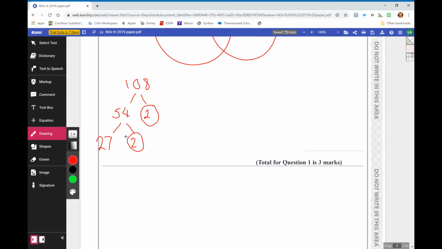And 27 is obviously an odd number. 3 times 9, circle another prime factor, 3 times 3. So now we have our product of prime factors for 108. It's 2 times 2 times 3 times 3 times 3. I always write it out like this.